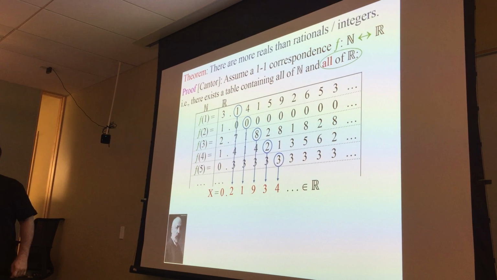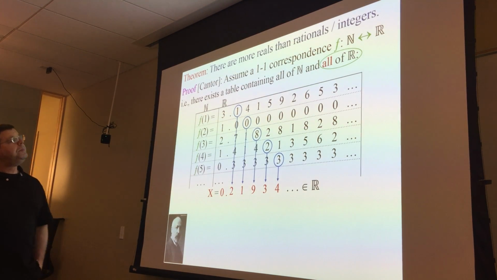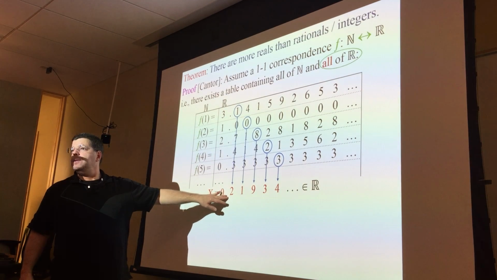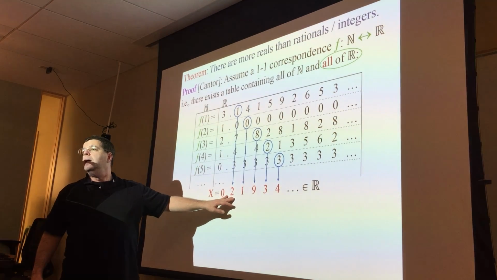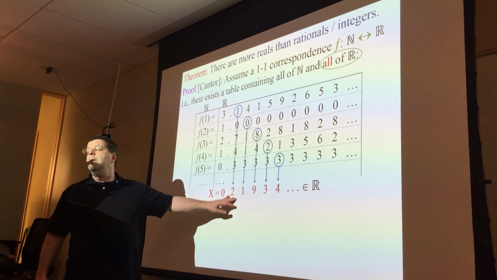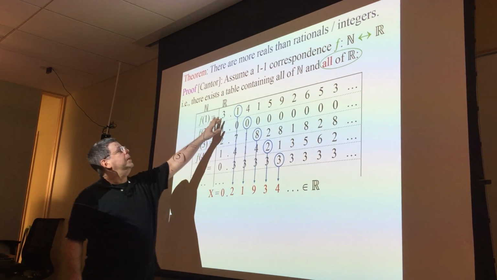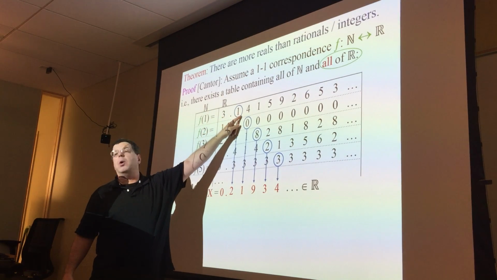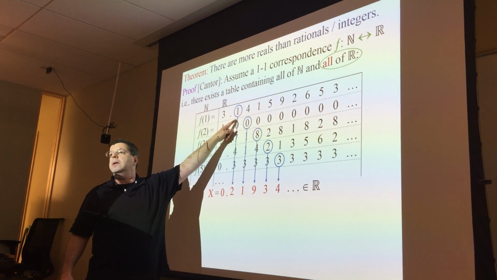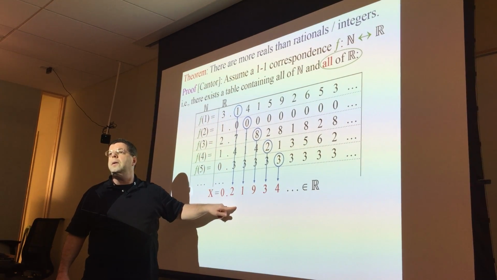Question: you know that there are infinite numbers on the table. How can you actually find x, because there are infinities of infinities? Well, I'm telling you how to construct x. Yeah, but you cannot finish constructing x. No, I am constructing x. When do we say that x has been constructed?